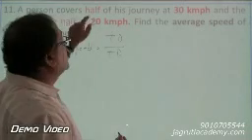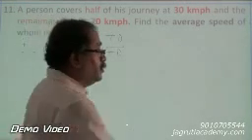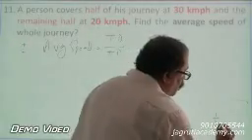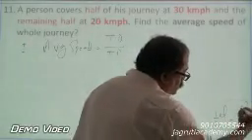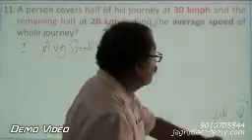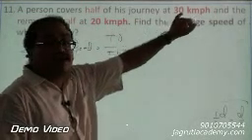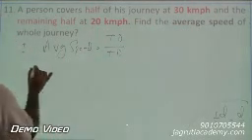So half of the distance, that means half of d, that is 1 by 2 of d, that is d by 2. This is a half of the distance with a speed of 30 km per hour. Okay. So what is time 1?